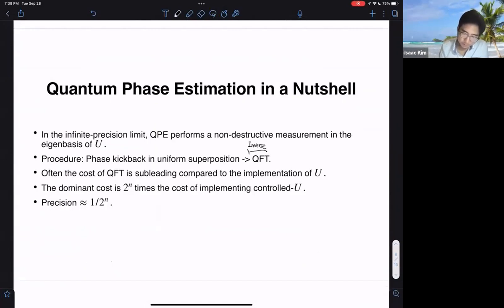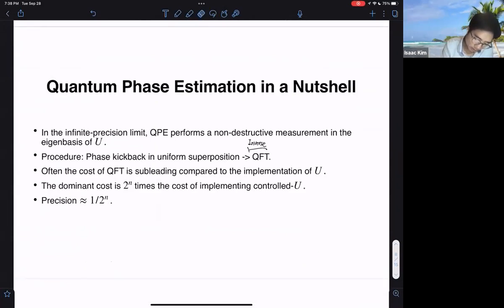So when we do that, let's remember this superposition state was initially in this form. If you apply the inverse quantum Fourier transform, the normalization factor is, actually, I'll just write this down first.